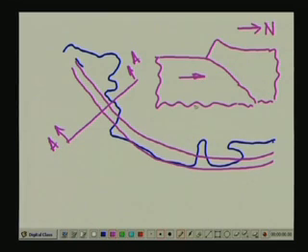So in this case obviously the direction of the major principal stress is towards the north. So that is what I asked in the first question.